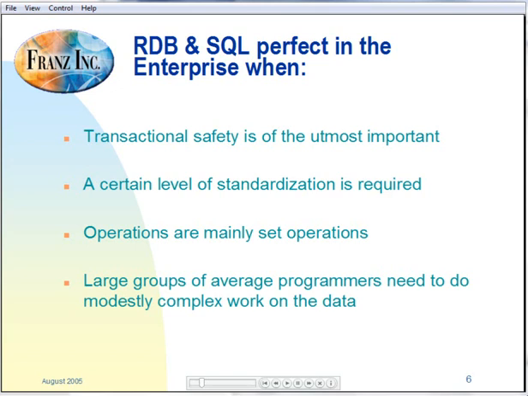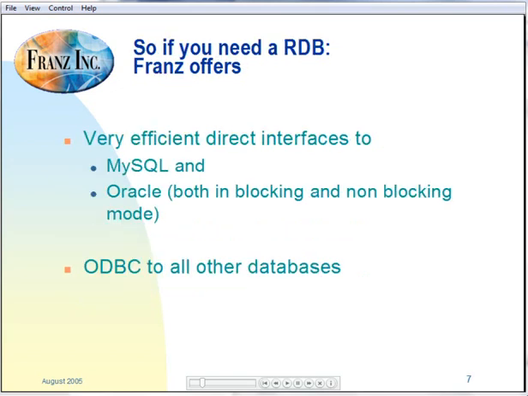Okay, one thing I want to stress is that AllegroCache is not a relational database. It's not a replacement for Oracle or MySQL when you talk about enterprise problems. Relational databases and SQL really have their place. For example, they are perfect in the enterprise when transactional safety is of the utmost importance, when you need a certain level of standardization, and when your operations are mainly set operations.